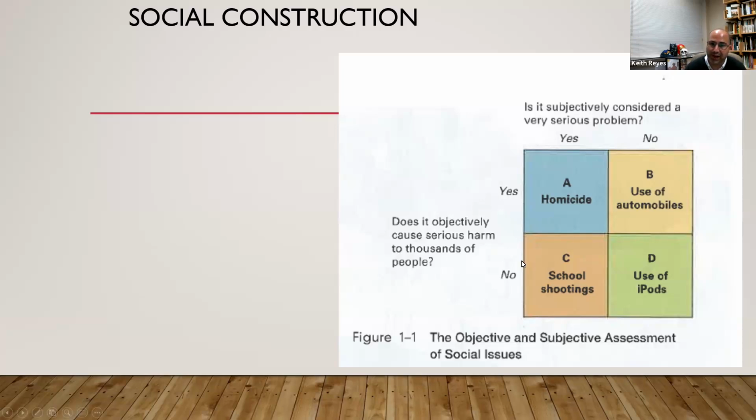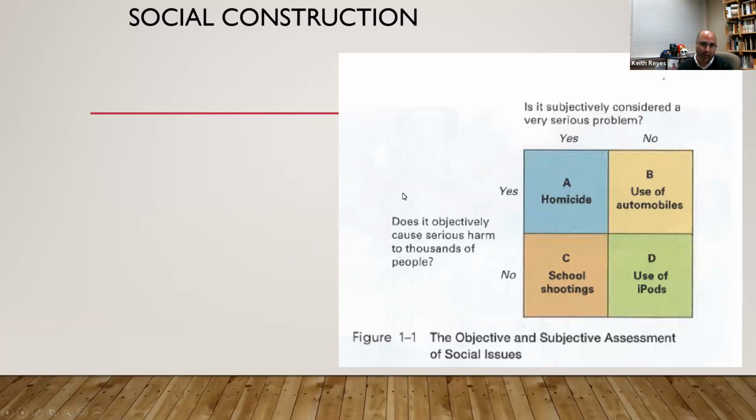So it's possible to have one dynamic, objectivity, but maybe the subjective nature isn't there. We don't see the use of automobiles as a social problem, even if thousands or tens of thousands or hundreds of thousands of people are injured or killed every year. Let's take another one, right?